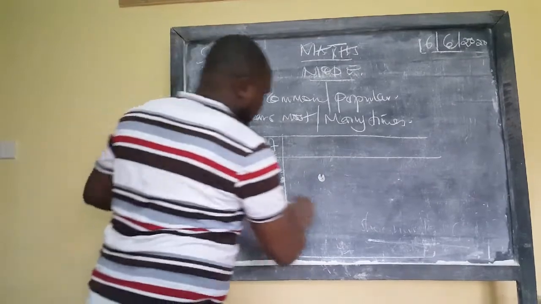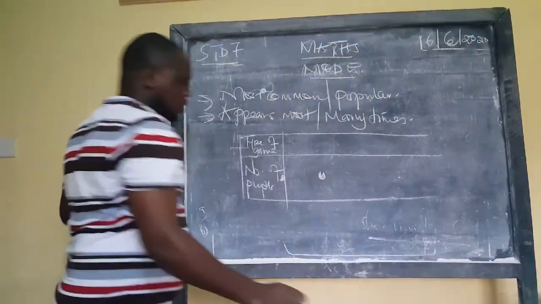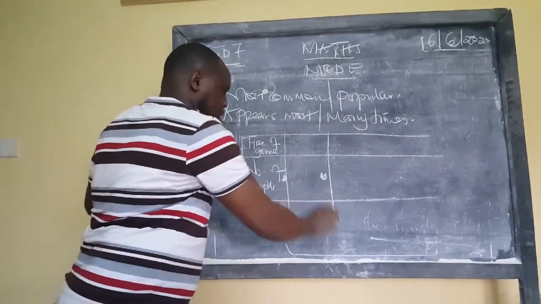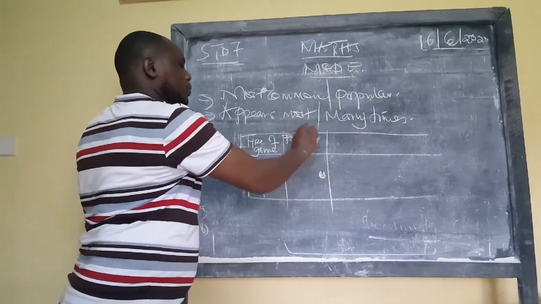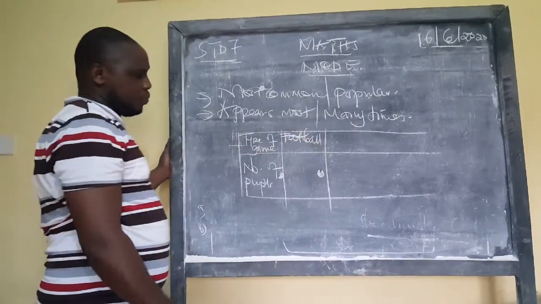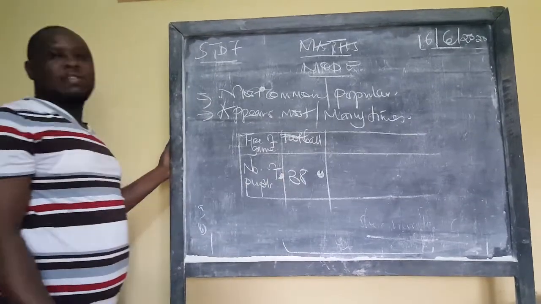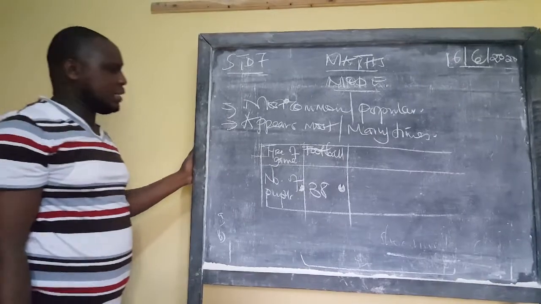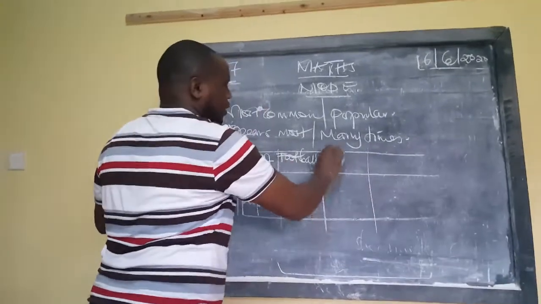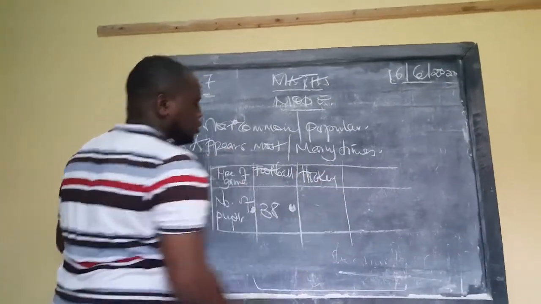So in a school, you realize that there are different types of games. Like football, you find that 38 pupils in class 7 like football and they play it.